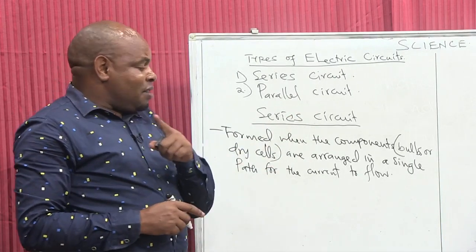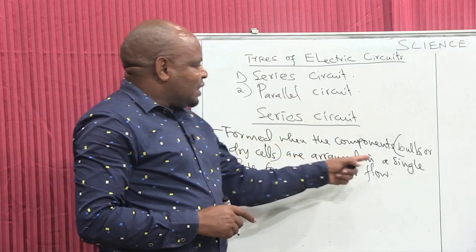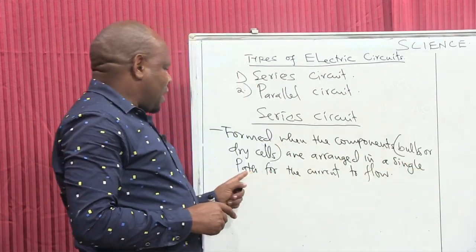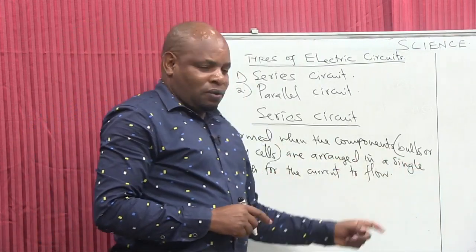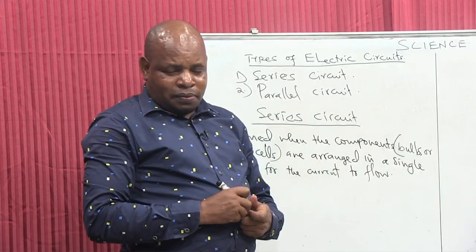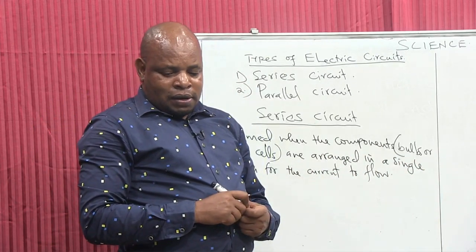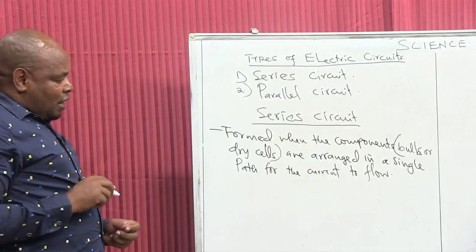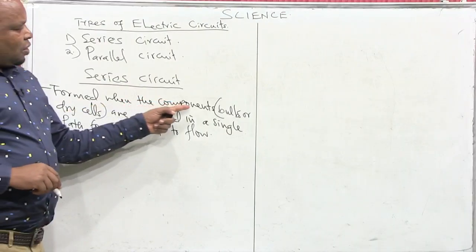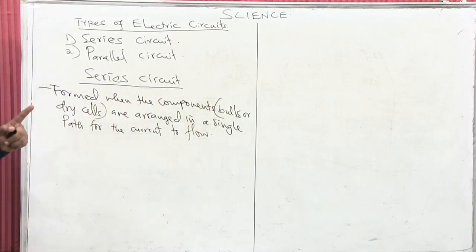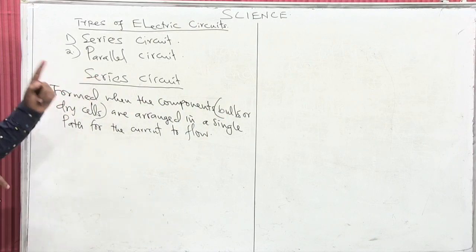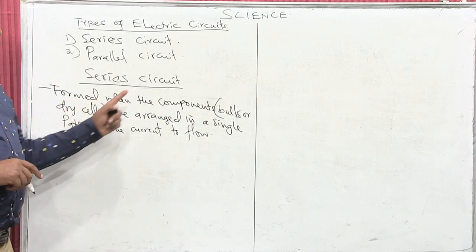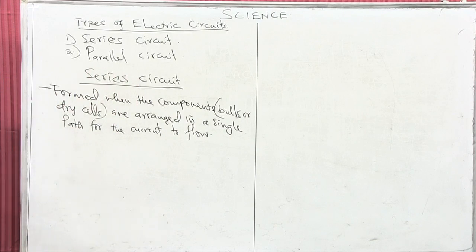And that arrangement leads to a single path for the current to flow. Using the diagram, we can have bulbs arranged in series, or we can have dry cells arranged in series.